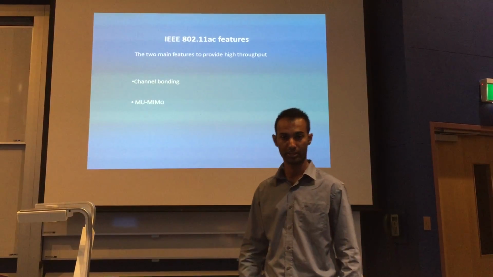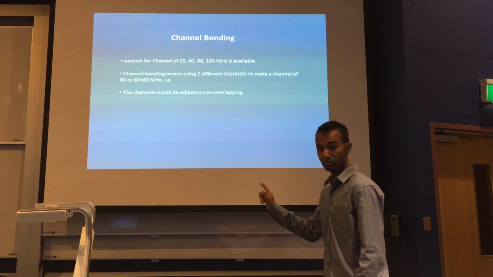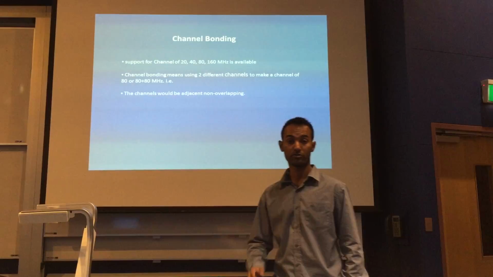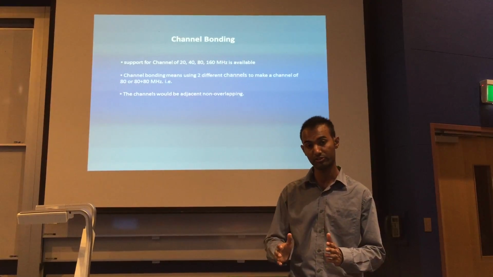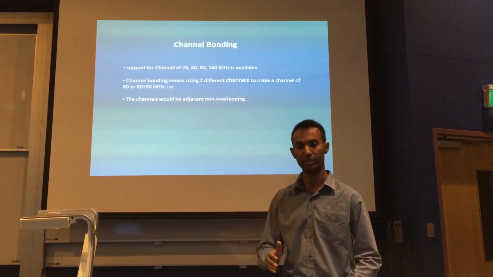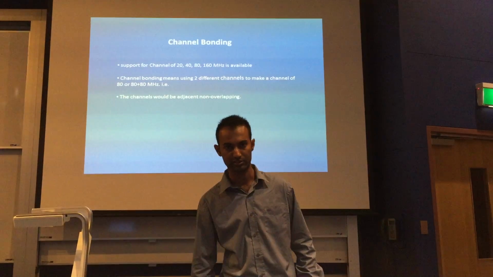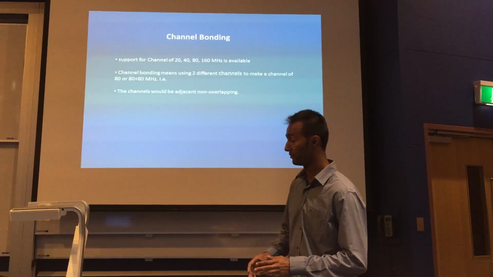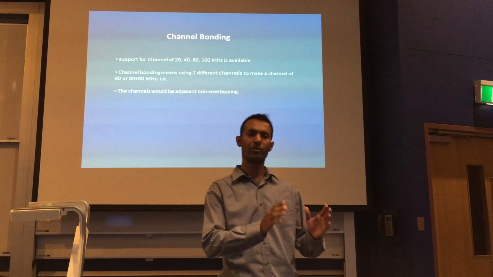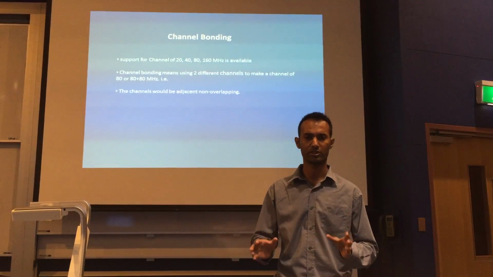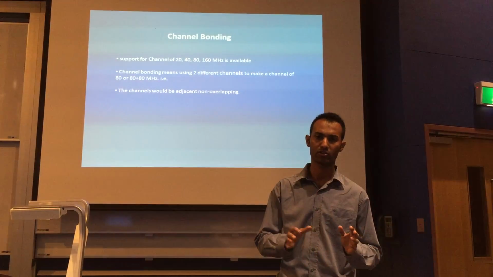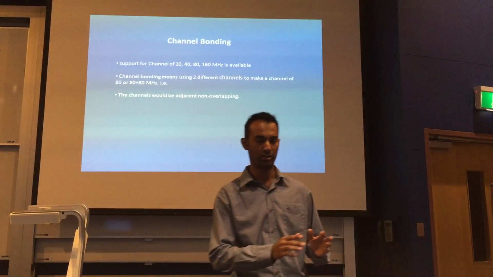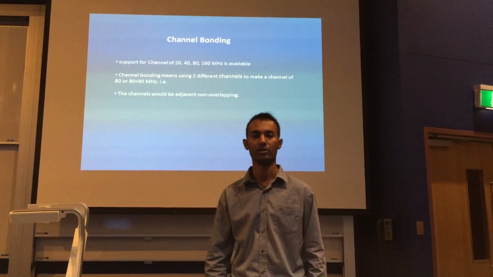input, multiple output technique. First of all, what is channel bonding? It supports a bandwidth of 20, 40, 80 and 160 megahertz. Channel bonding means two different channels can be used to transfer your signal, combining bands in order to get a higher bandwidth.